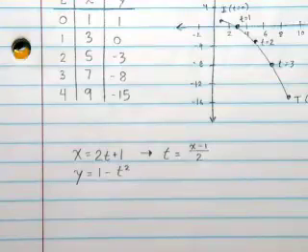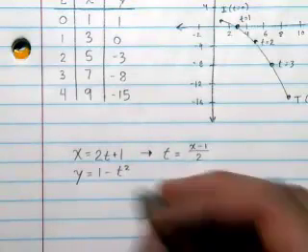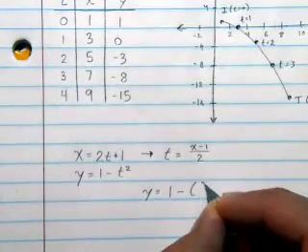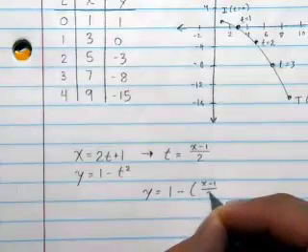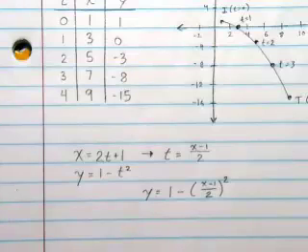Right, just make it x minus 1 over 2. So we're doing a kind of composition of functions here like we were doing yesterday. But basically it's just a substitution. So t equals that, so replace t with what it's equal to. So y equals 1 minus (x minus 1 over 2) squared.